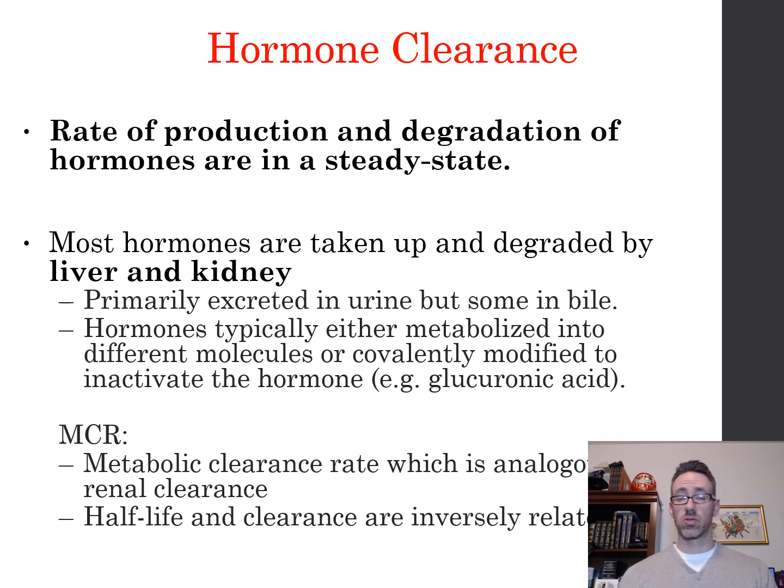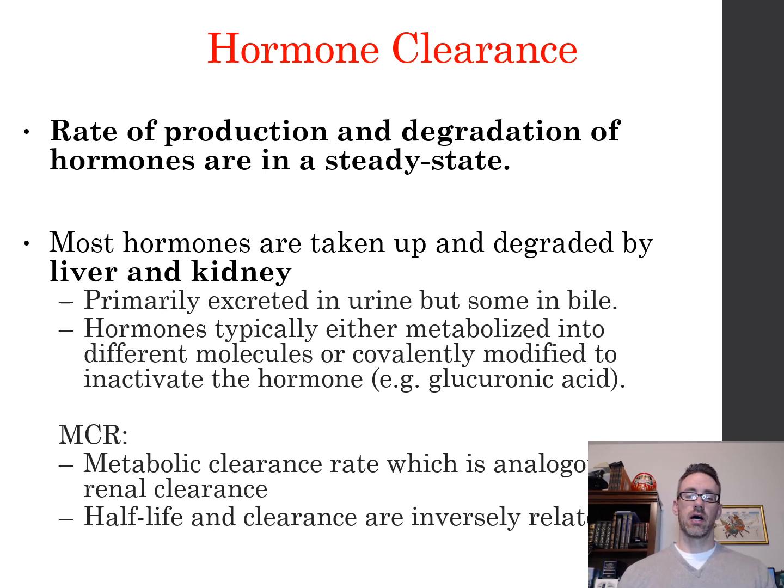What I want to discuss with that is that half-life and clearance are inversely related. The kidneys can clear a certain amount of blood of a hormone over a given amount of time, and it can ultimately be excreted into the urine.